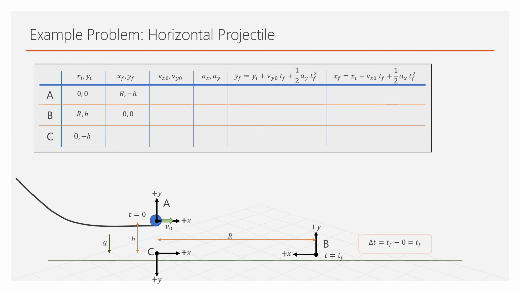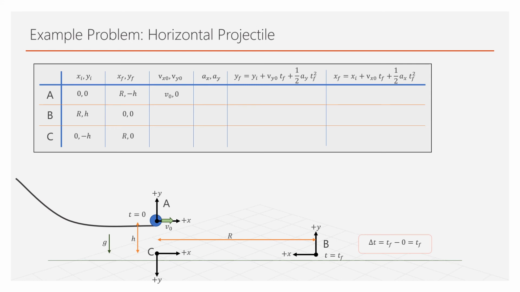Coordinate system B is the landing site, and so therefore x and y are both 0. You can do something similar to get the final position according to coordinate system C, which is (r, 0). This is because the ball lands a distance r to the right of the origin. Motion to the right is positive, and so therefore x equals positive r, and y equals 0 at this point.